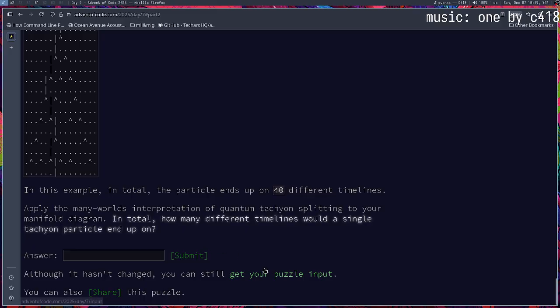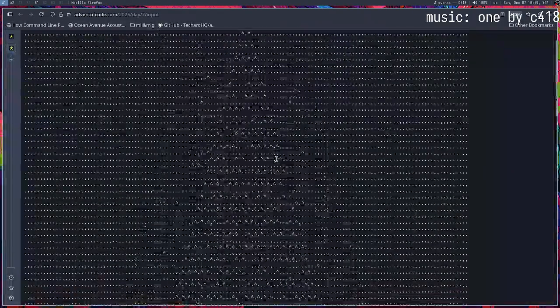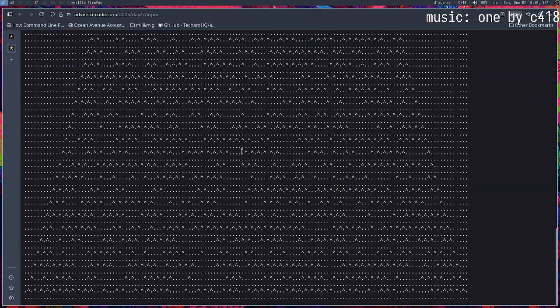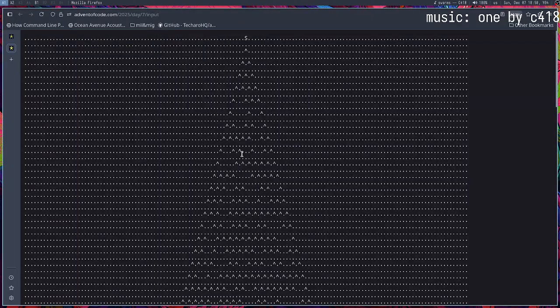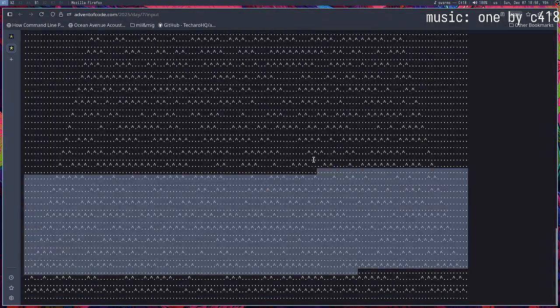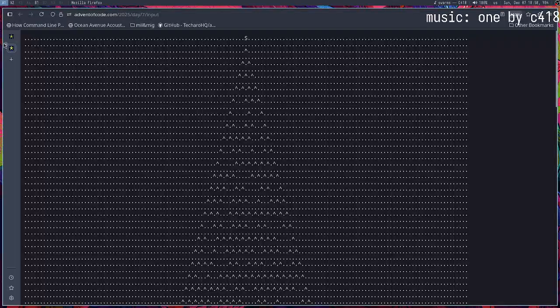I wanna look at the input. How many paths can there be? Like, that's probably a lot of paths. Wow.